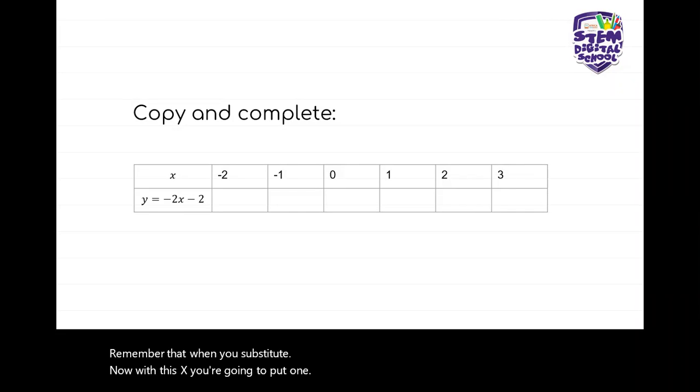And then, of course, this is how we proceed. So y is equal to -2, open bracket, and then you put your 1 there, and then subtract 2.